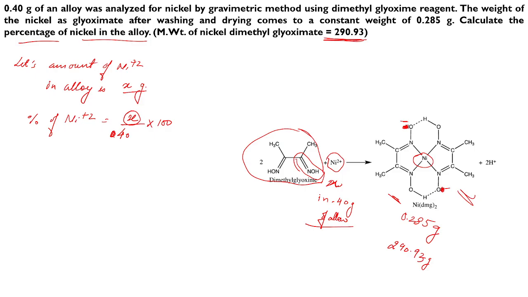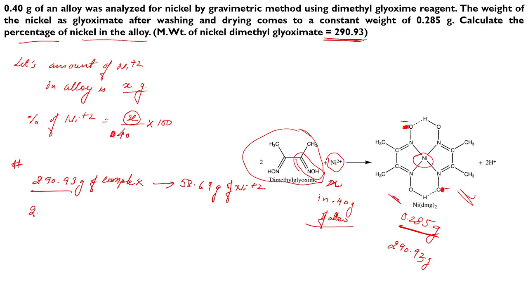So how we are going to solve it? 290.93 gram of complex will give you 58.69 gram of nickel plus 2. But we don't have this much of amount, we only have this much of amount.